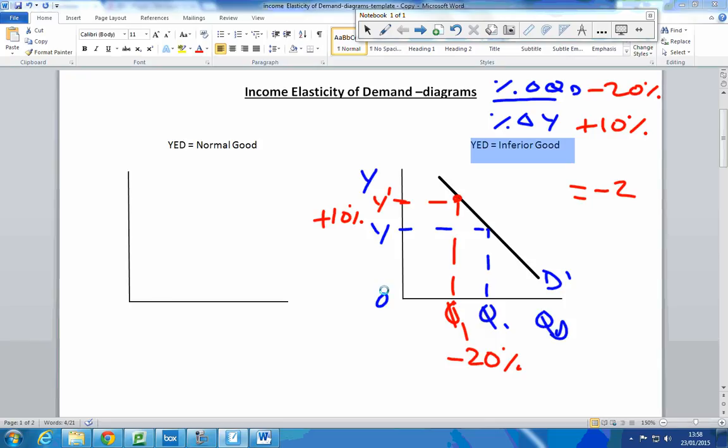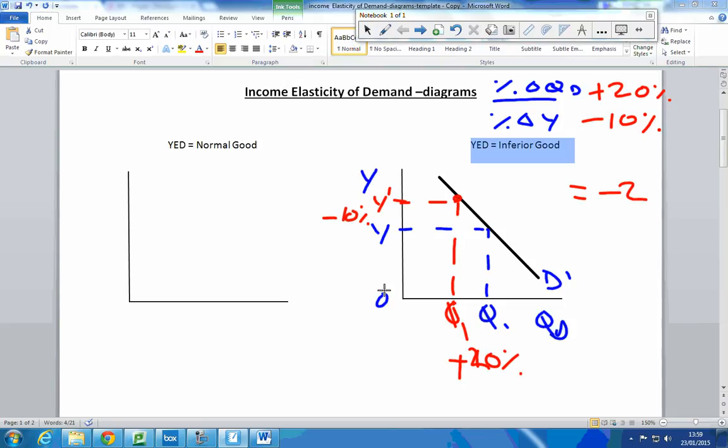It would work the other way if there was a fall in income of 10%. That would cause an increase in quantity by 20%. Fall in income causing an increase in quantity. Again, the answer would still be minus 2.